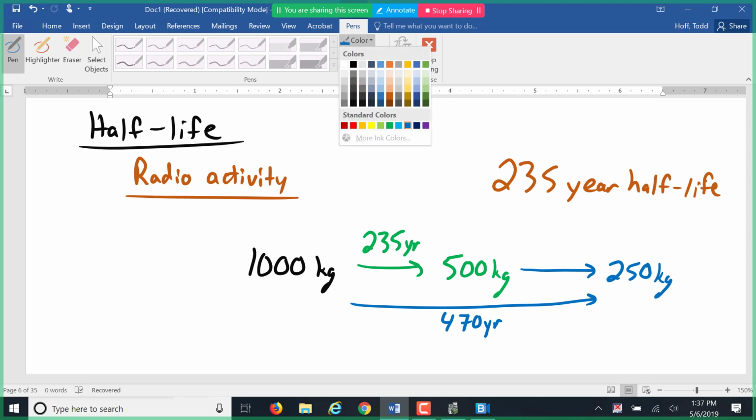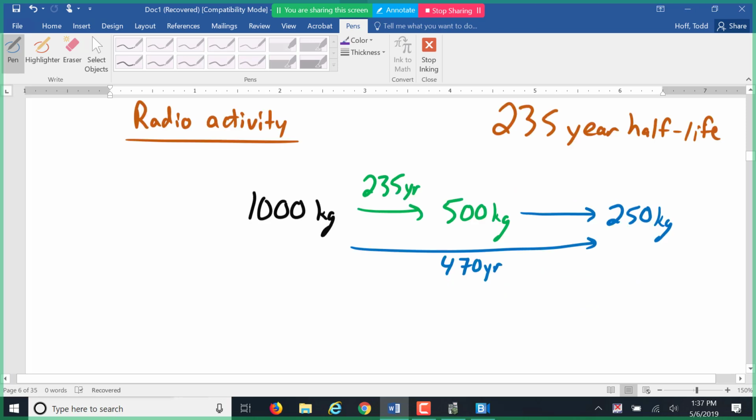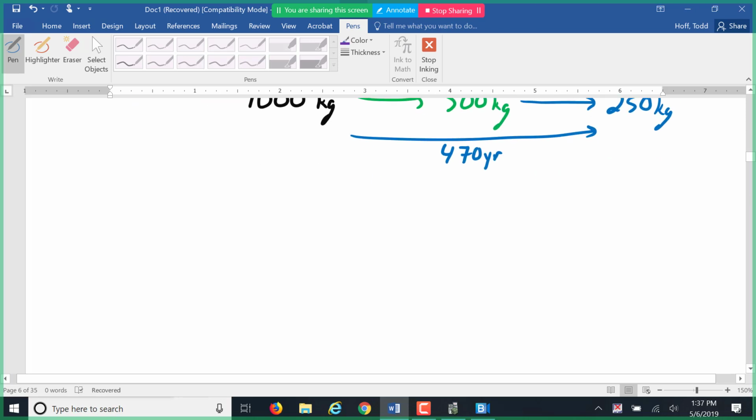So this is a radioactive decay, or an exponential decay. The amount of material left is equal to the initial amount times 1/2. You could think of it as being a 50% decay every period, every half-life, to the power of the number of half-lives.